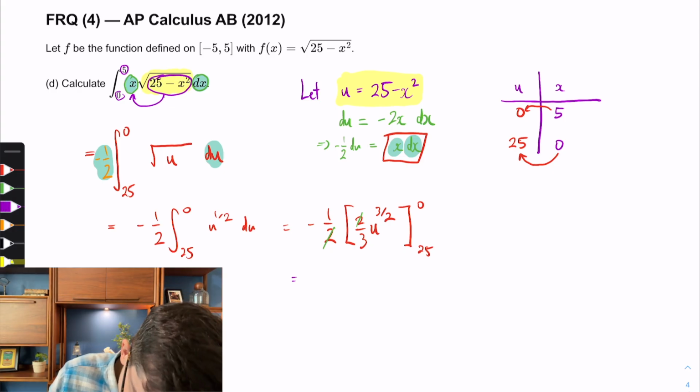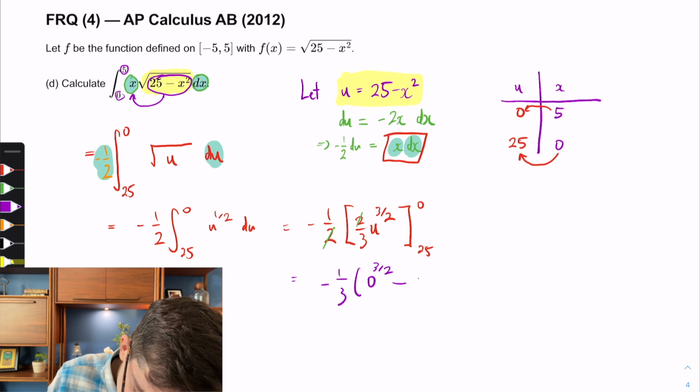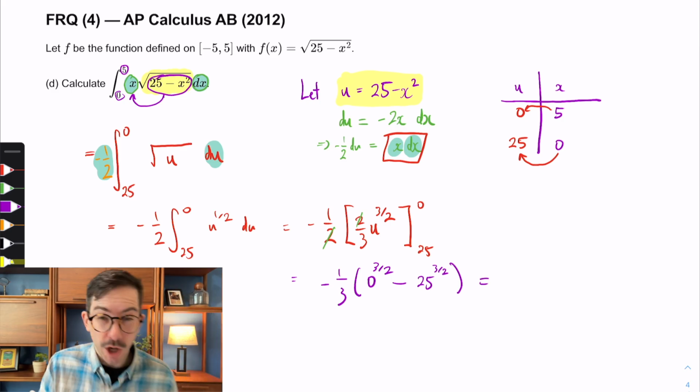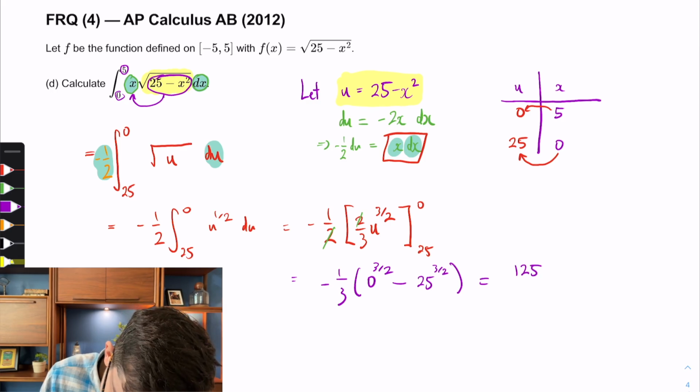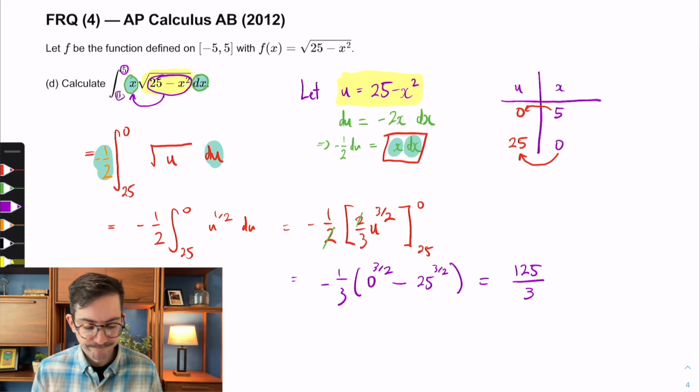So what I'll end up with is -1/3, 0 to the 3/2 minus 25 to the 3/2. If I work out what this is, remembering my exponent rules, I will end up with 125 all over 3.